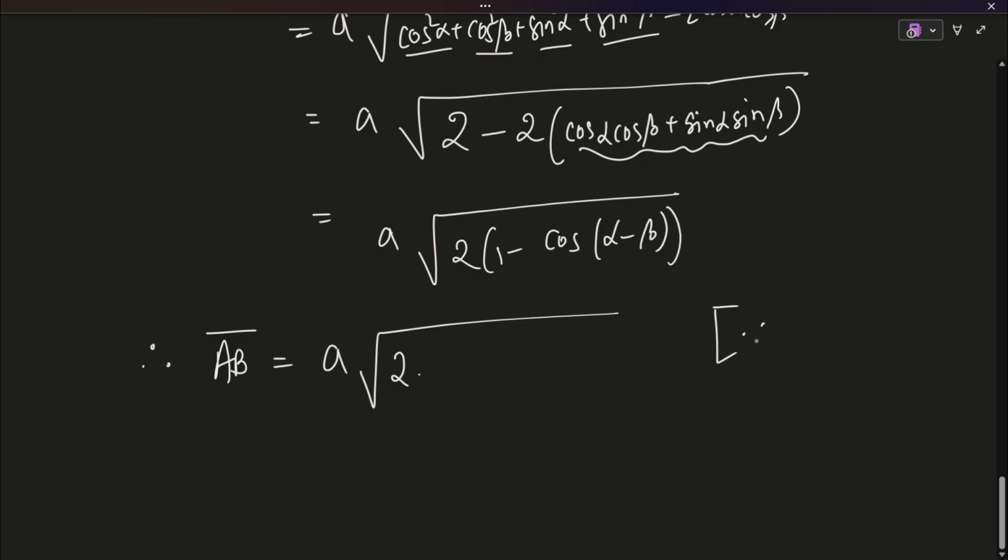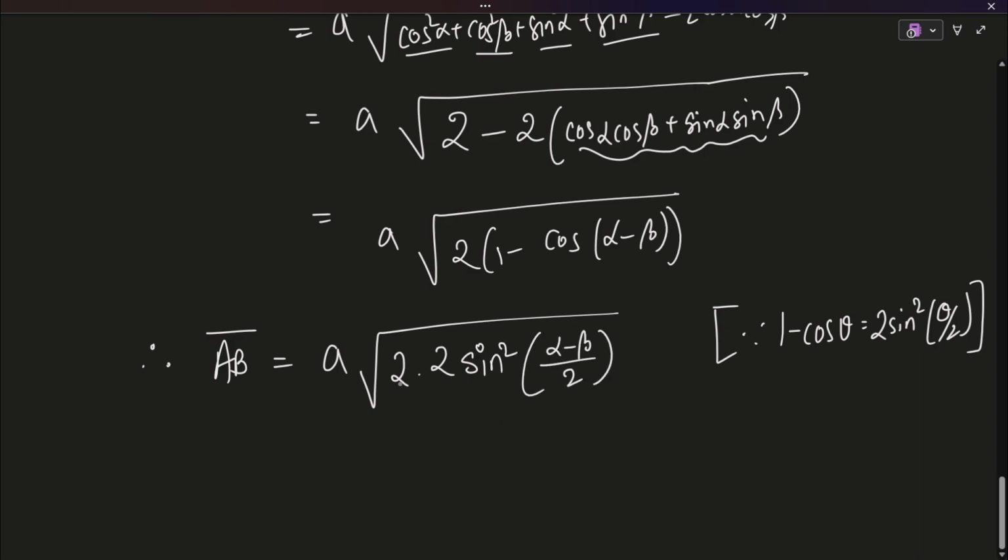Here our theta is alpha minus beta, so we will have 2 sine squared of alpha minus beta by 2. Now 2 into 2 is 4, root 4 is 2, so we have 2A outside into root over sine squared of alpha minus beta by 2.